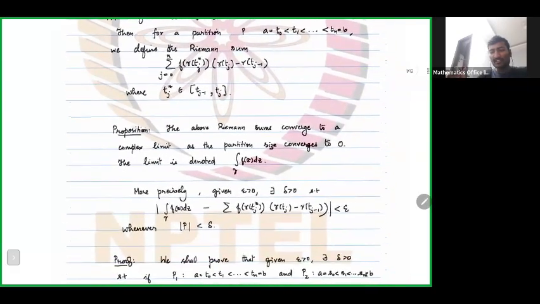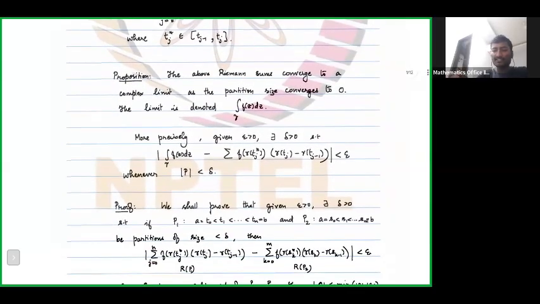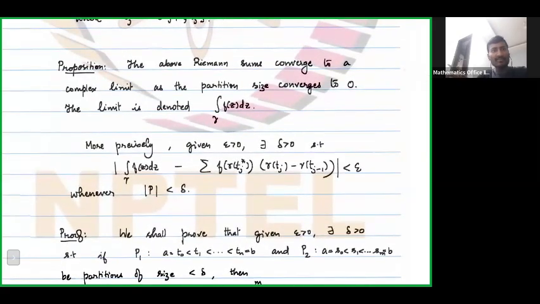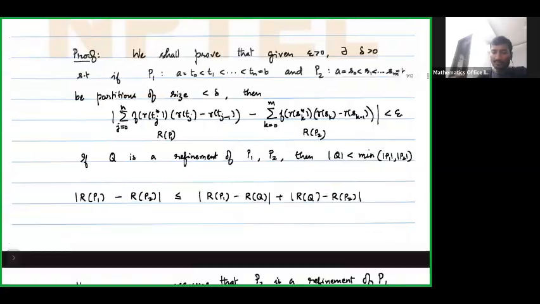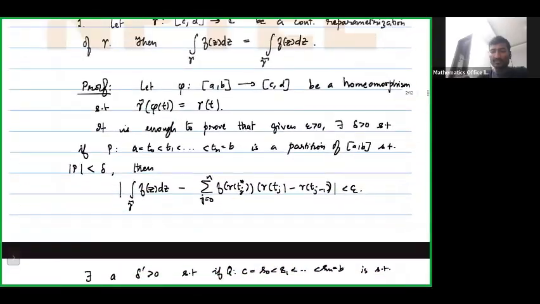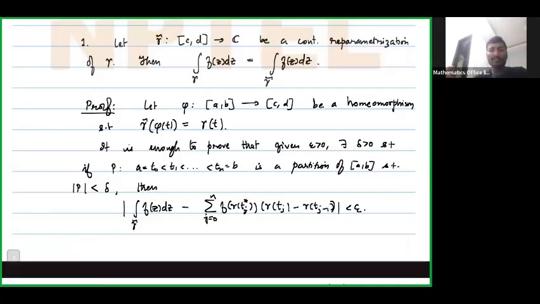And still, when partition goes to 0, this limit exists. This is the proposition here, and this limit is called integral of f over gamma. And after this proposition, some results about integrals, how this integral behaves.